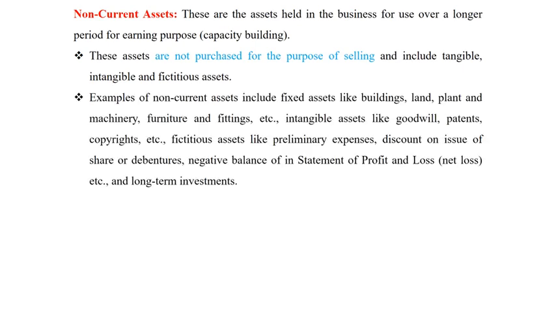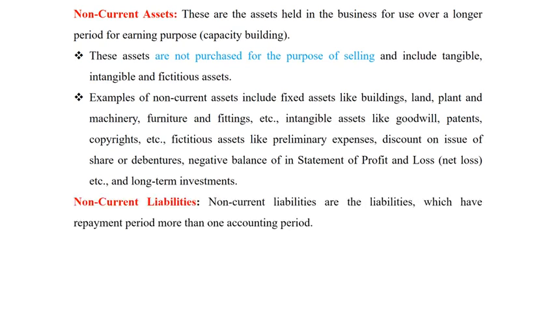Examples of non-current assets include fixed assets like buildings, land, plant and machinery, furniture, etc. Intangible assets like goodwill, patents, copyrights, etc. Fictitious assets like preliminary expenses, discount on issue of shares or debentures, negative balance in statement of profit and loss, and long-term investments. So non-current assets include tangible assets, intangible assets, fictitious assets, and long-term investments.